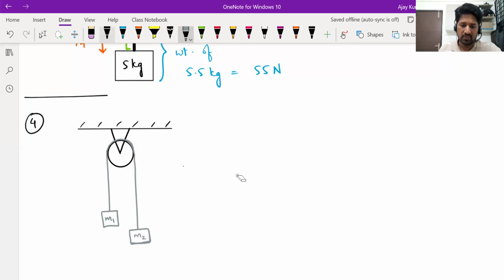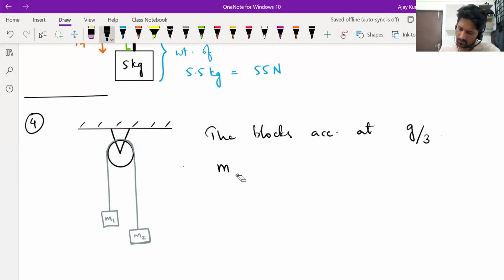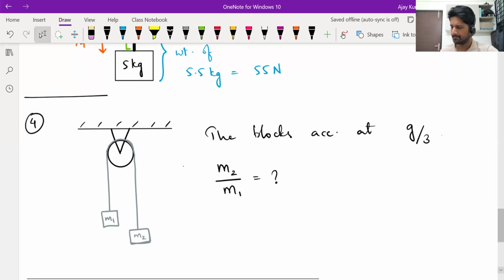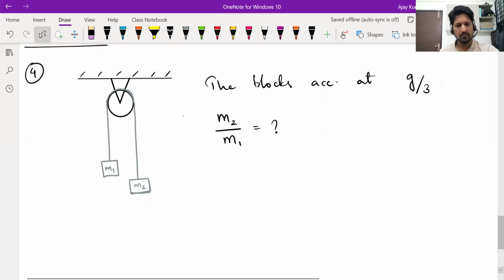And it is found that the blocks accelerate at a rate of, let's say, g by 3, where g is acceleration due to gravity. Okay. If the blocks accelerate at this rate, calculate the ratio of their masses. Pulley is ideal, string is ideal. Okay.